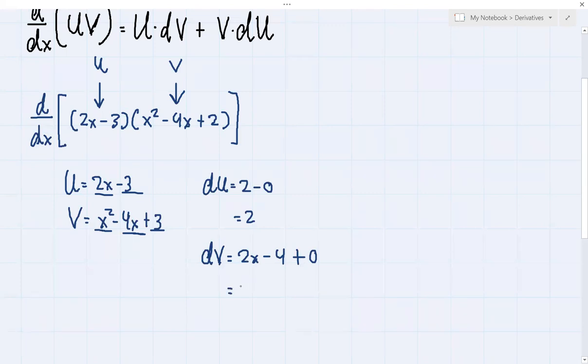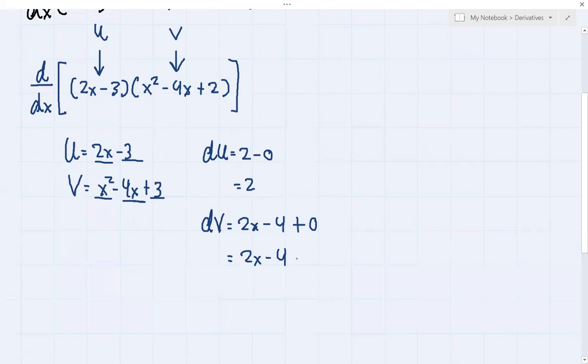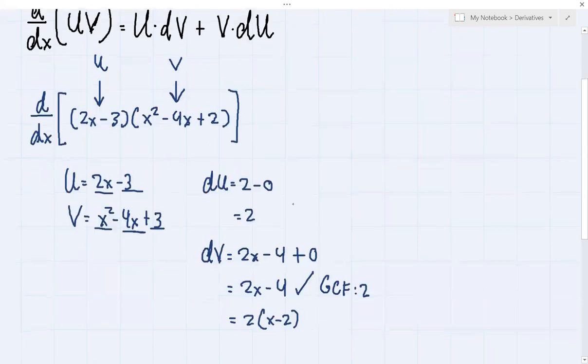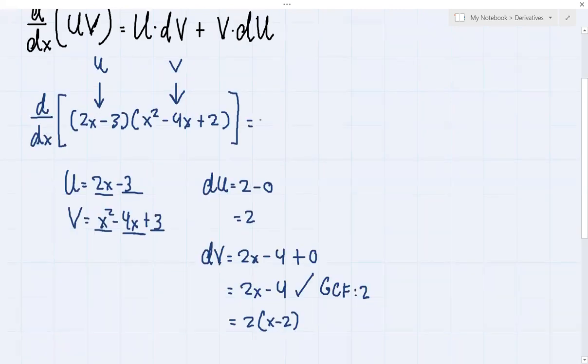So let's combine similar terms. Negative 4 plus 0 ay negative 4. So pwede na to as your dv or pwede pa naman siyang i-simplify. 2x and negative 4 are both divisible by 2. At yan yung greatest common factor nilang dalawa, which is si 2. So let's factor out 2 here. So we will have 2 times quantity x minus 2. That's it. Now, let's substitute the formula.